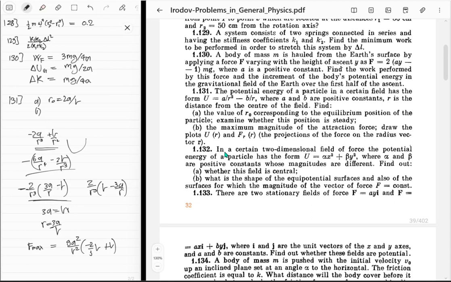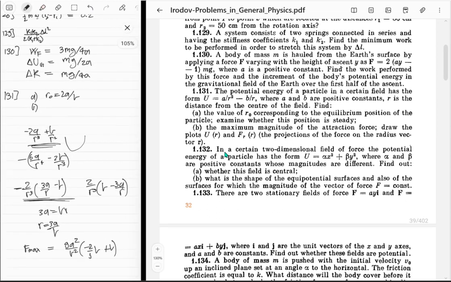Oh sorry, this thing is the second derivative, and this is the first derivative, so it should be negative of that. Negative of this thing is the force, and this thing is the second derivative. So clearly r is equal to 3 upon b would be the extremum value, and at that point it should be negative. This is the force, this is the derivative of the force.